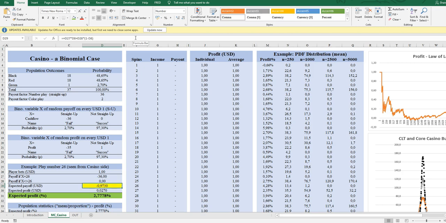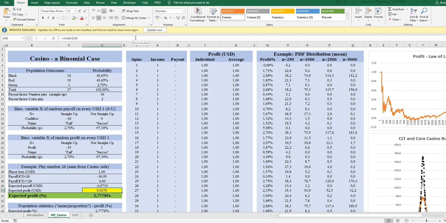The expected payoff must be minus 0.97, so the probability of ending up in this scenario times the cash flow plus the probability of this times the cash flow, essentially leaving an expected payoff equal to the probability of a fail times 36.